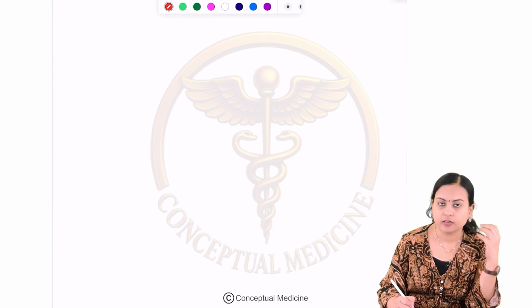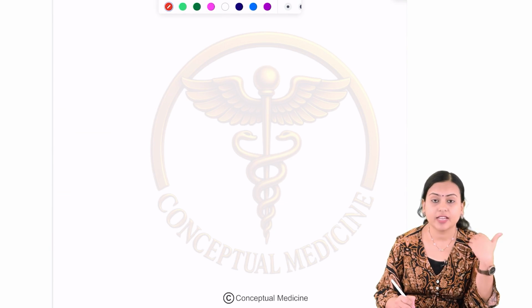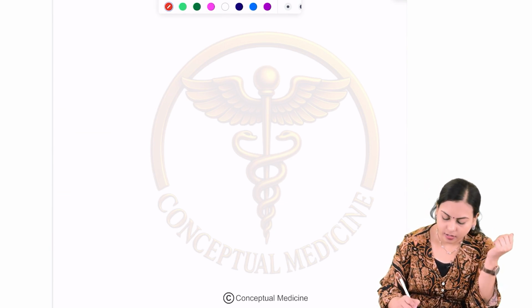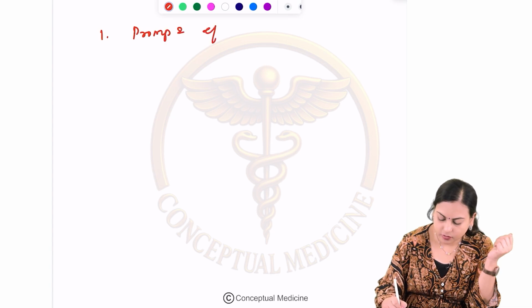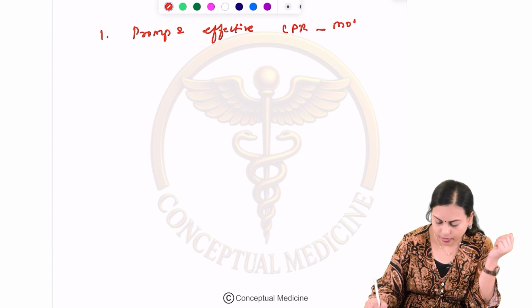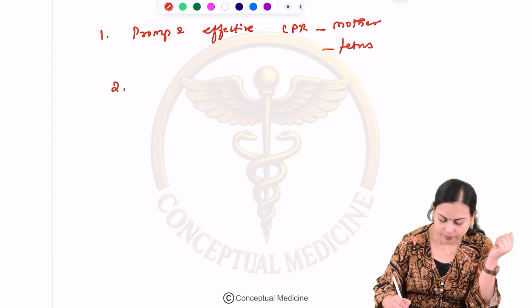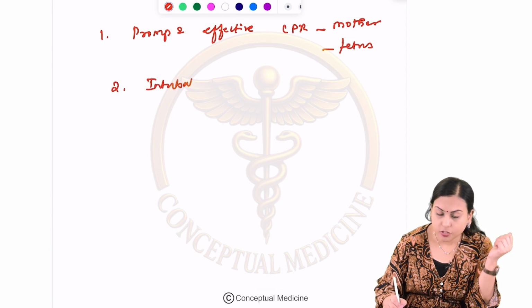In treatment, now we will see how we can treat the condition. Prompt and effective CPR should be given for the mother as well as for the fetus. Sometimes intubation may be needed.